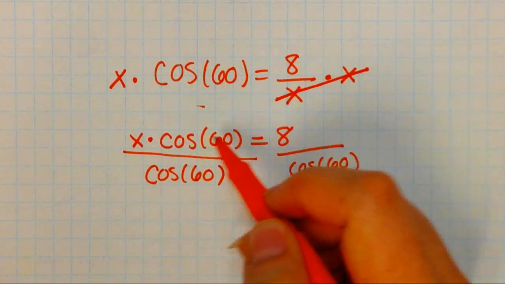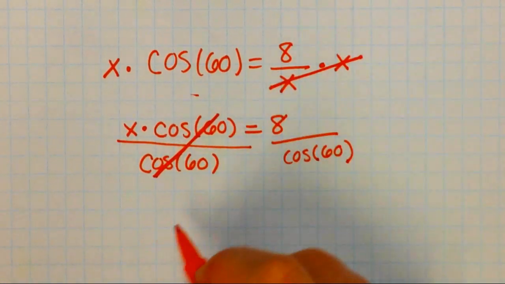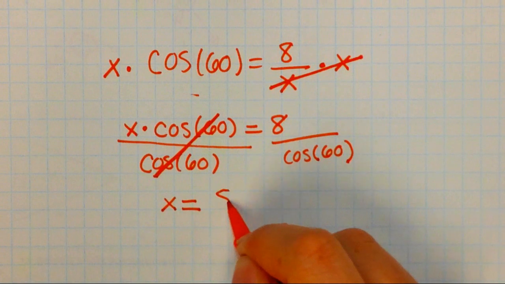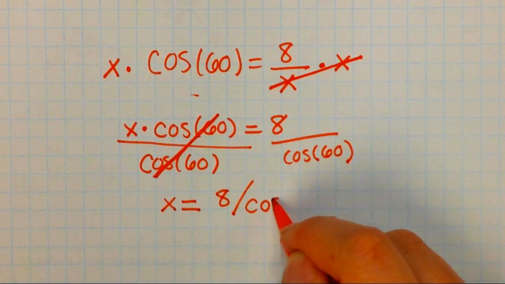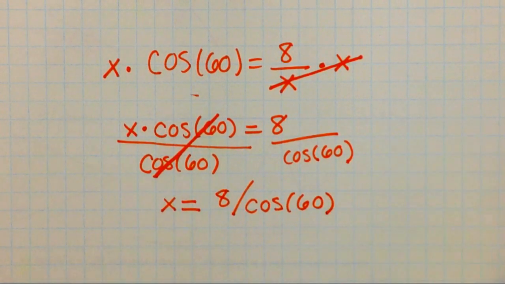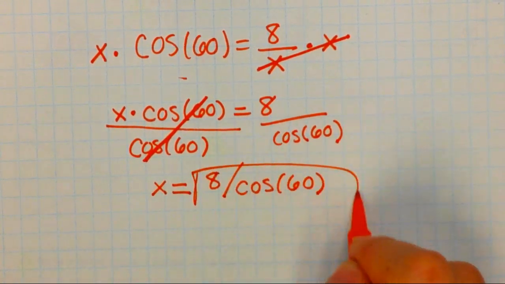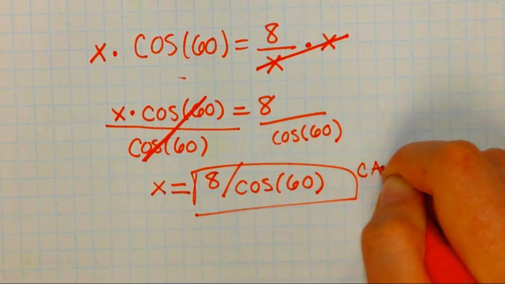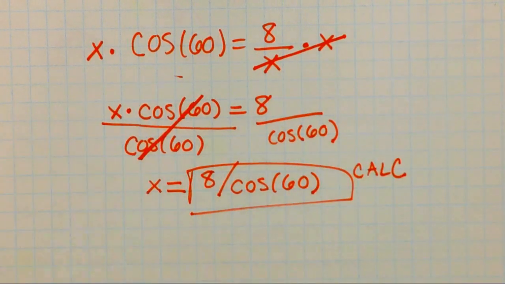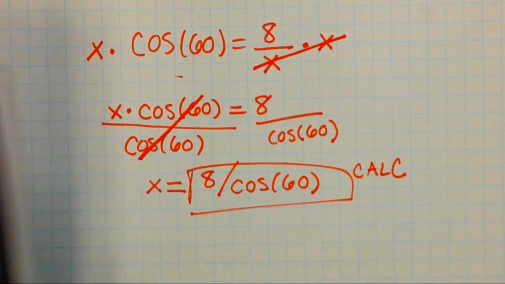The cosines will cancel out, and now I have x is equal to 8 divided by the cosine of 60. And this you can type into your calculator, and it'll give you a numerical result.